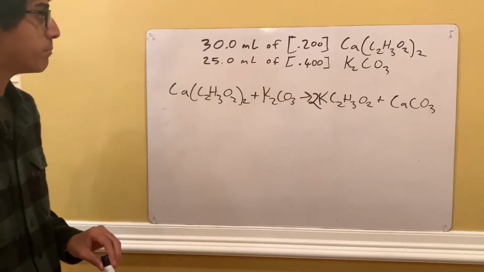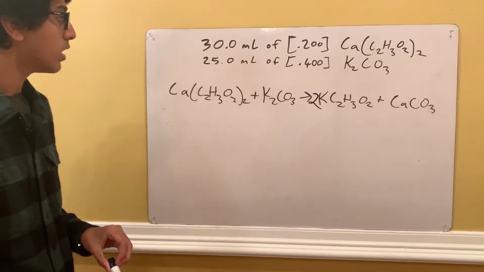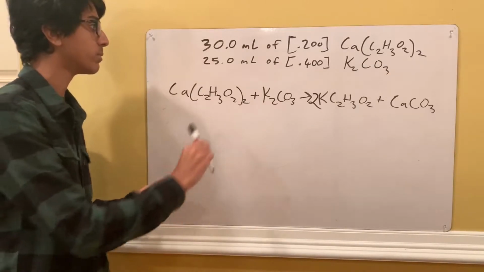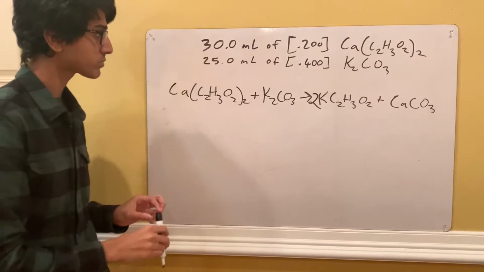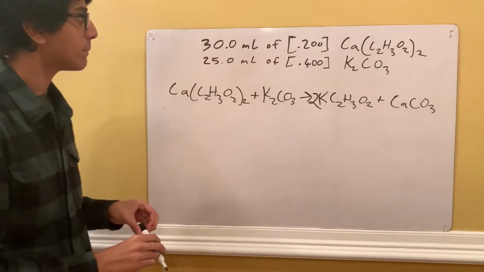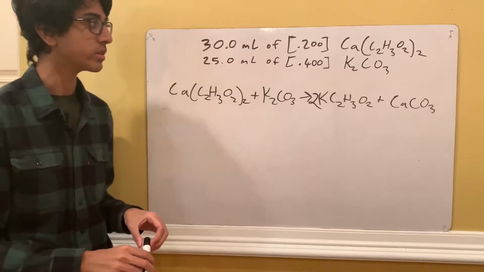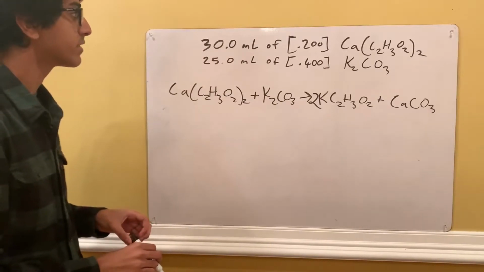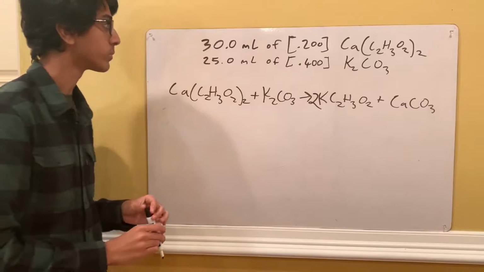Now that we have the balanced equation, we have to find the moles of the reactants. We're given the molarity and liters, and we know that molarity is equal to moles over liters, so we can just multiply the liters and the molarity to find the moles.